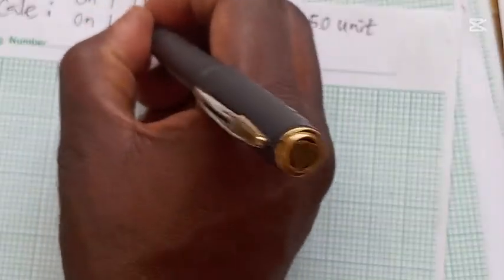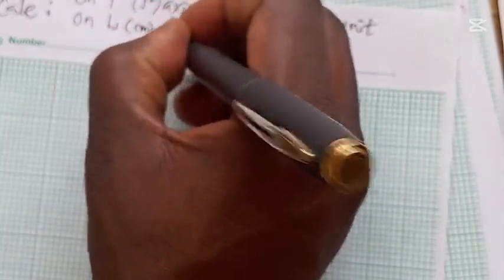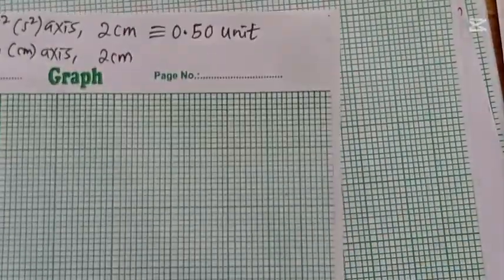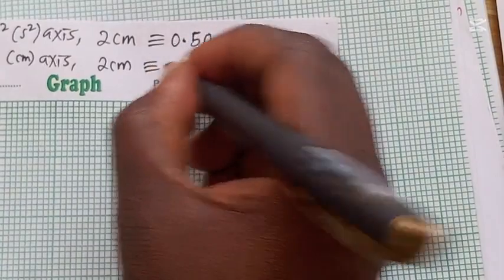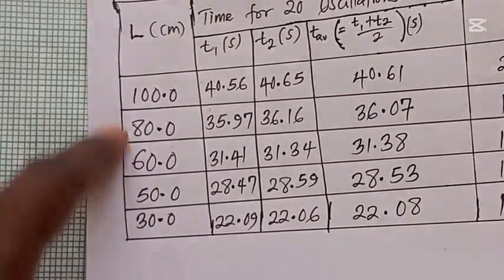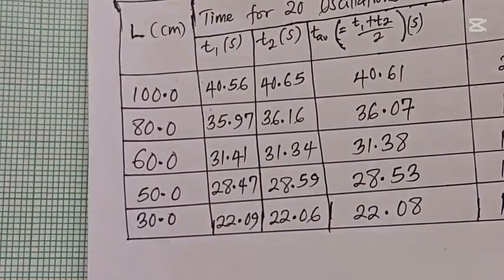Then the next one, what do you have on the horizontal axis? L. So on the L in centimeter axis, that is the x-axis, 2 centimeters represent what? We have to look at the values we have here on the vertical axis. You see, from 30 all the way to 100. The highest we have is 100.